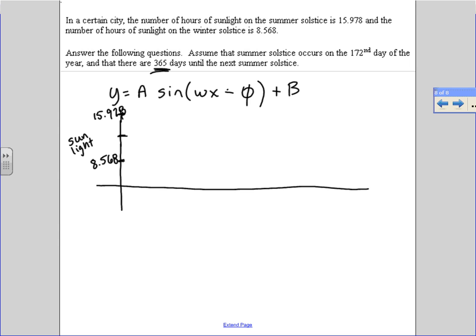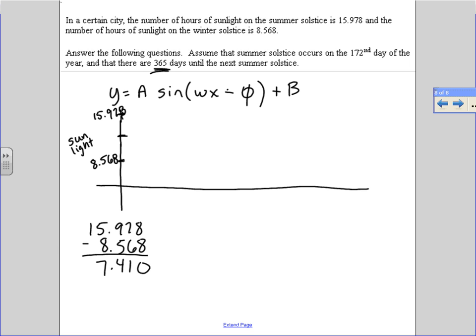First, let's find the distance between the high point and the low point. To find that distance, all I've got to do is subtract these two: 15.978 minus 8.568. Here we're getting that distance is about 7.41.